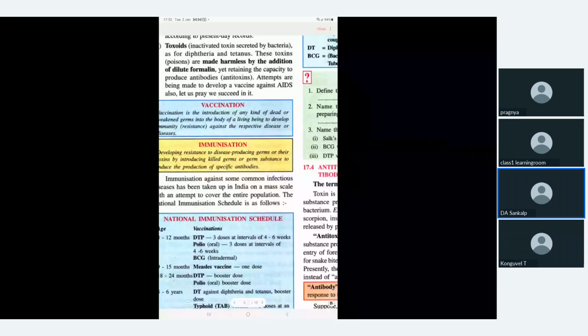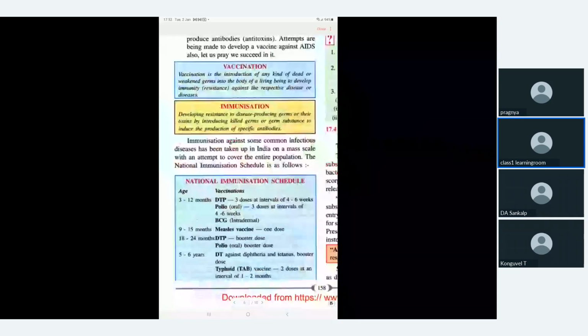Then the measles vaccine, 1 dose, at 18 to 24 months. Then you go for the DTP booster dose and polio booster dose. At 5 to 6 years, DT, diphtheria, tetanus, and then the typhoid vaccine. So like that, the vaccines are scheduled.